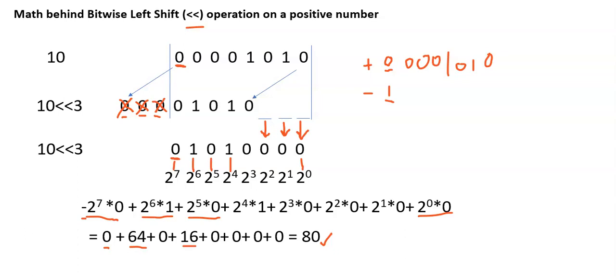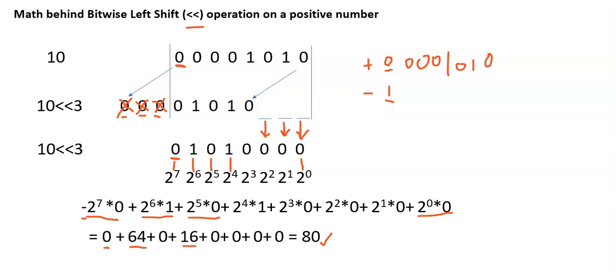That happens when the sign changes. And the second problem is, when the bit values exceed the register size, then we may get incorrect values. These things we need to remember whenever we perform left shift operation.